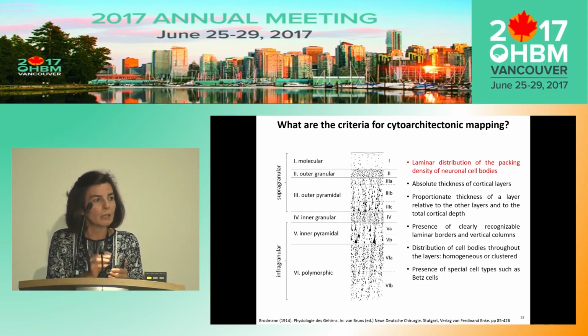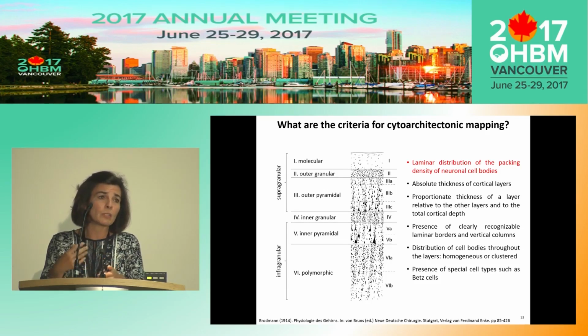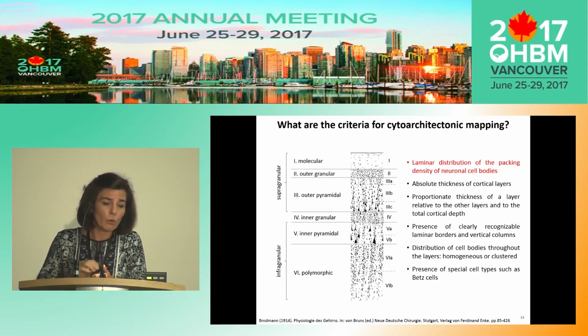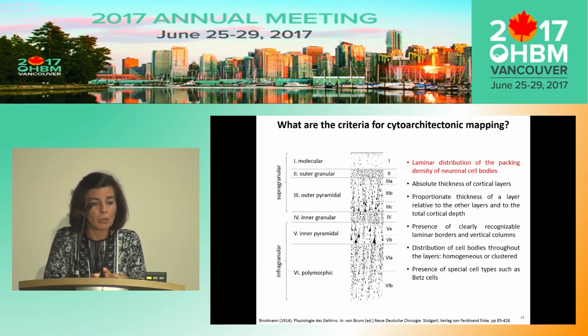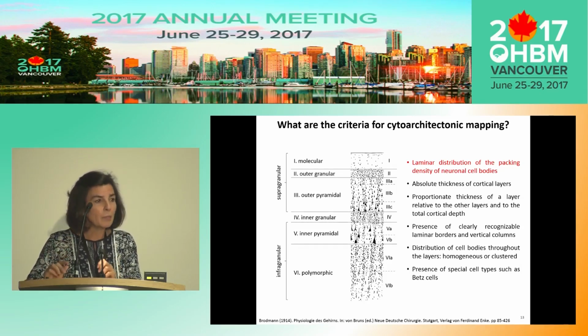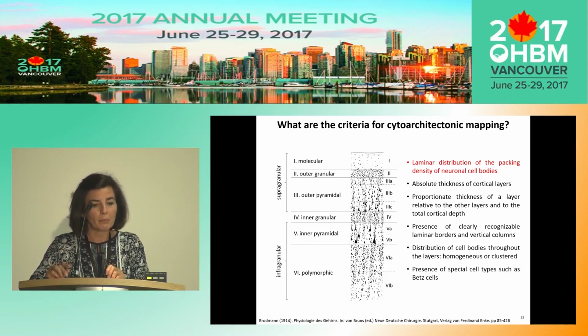We also look at the relative thicknesses of each of the layers compared to the total cortical thickness, or the presence of clearly identifiable sublayers between these layers. But basically, the laminar distribution packing density is the prevailing criterion.